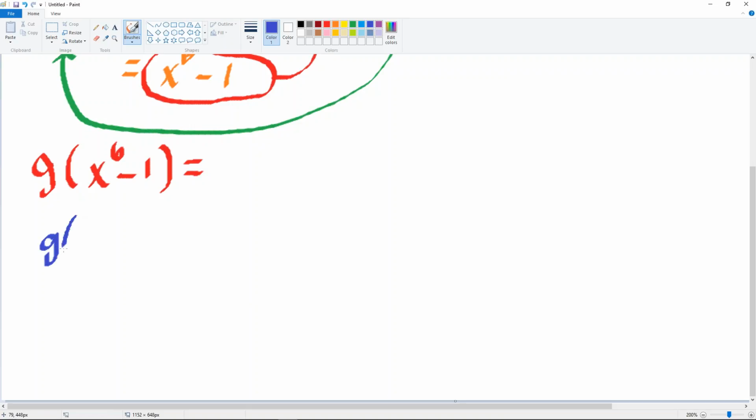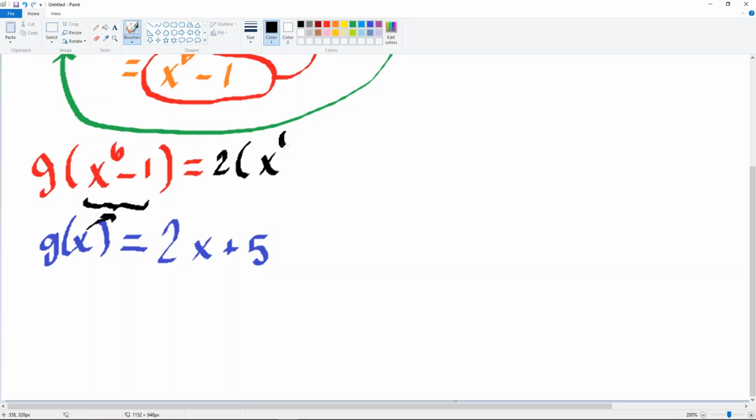Let me write it down. It's 2x plus 5. Everywhere I see an x, I am now going to plug in x to the 6th minus 1. So I have 2 times x to the 6th minus 1 plus 5.